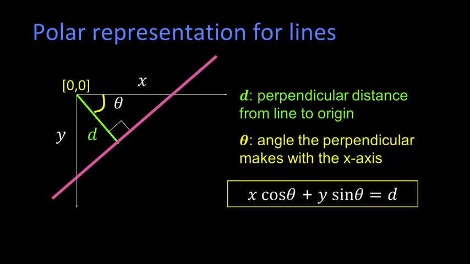It's a little bit ugly. Well, it's beautiful if you like trigonometry. It's ugly if you like algebra. It's a little bit more ugly than the y equals mx plus b formulation, but it doesn't have the problem that any of our lines are ill-defined. This is a perfectly fine way of representing any line. You can have any direction you want. Theta can go however it wants to go, and you can go right through the origin. d can be 0, or it can get as big as you need it to go.